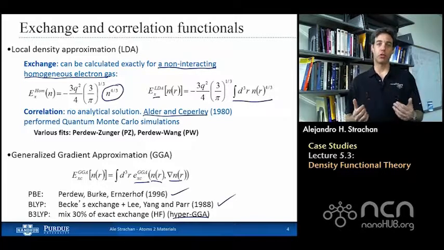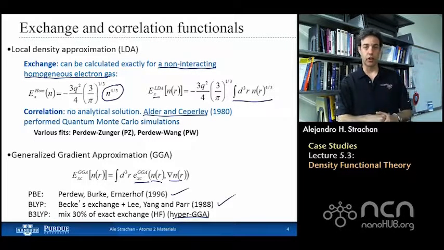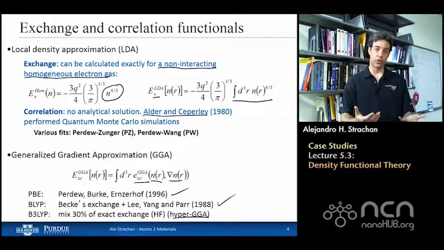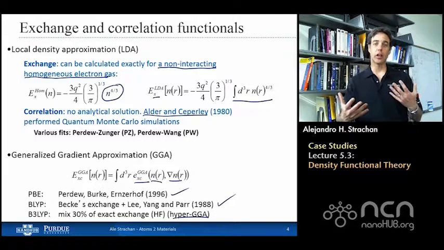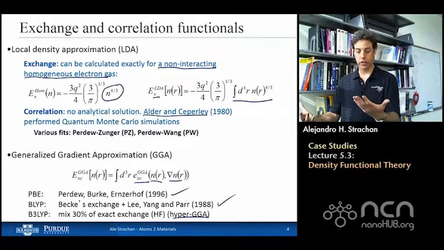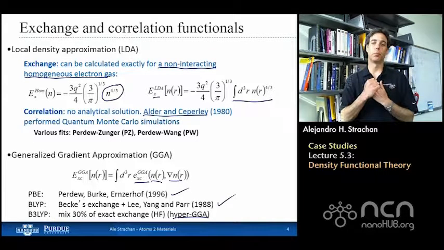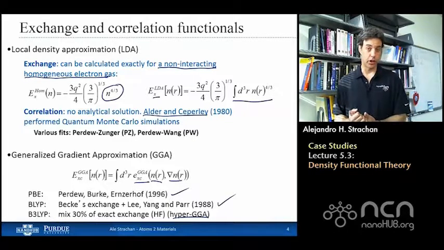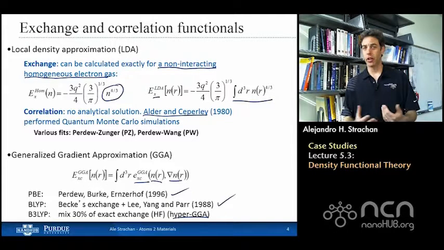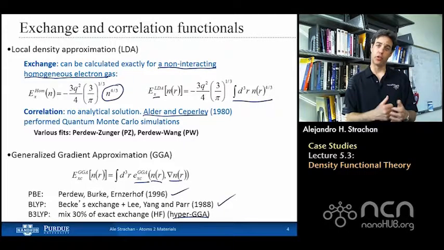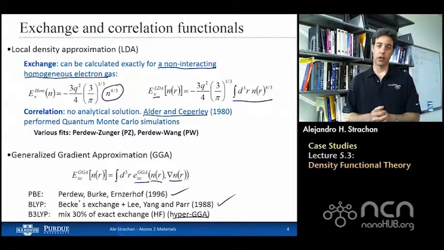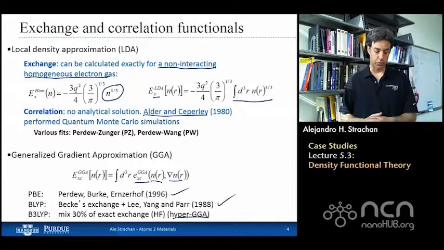So some of these descriptions compute the exact exchange with Hartree-Fock, with the Slater determinant, and they mix in some of that exact exchange with the GGA exchange and correlation. Those are called hybrid methods. Okay, they're not strictly speaking DFT, but they're useful under some circumstances.